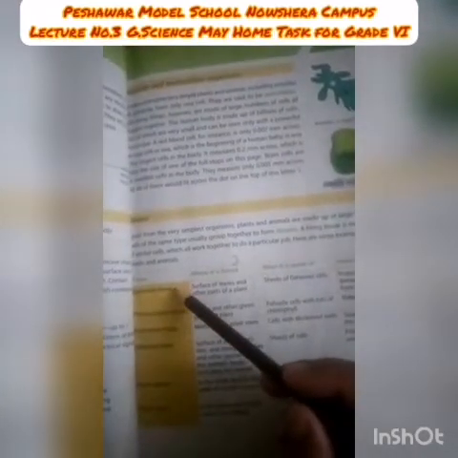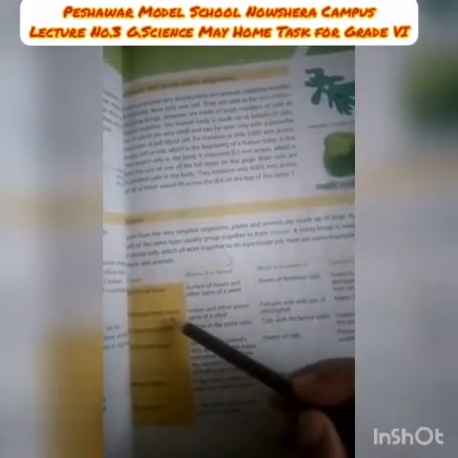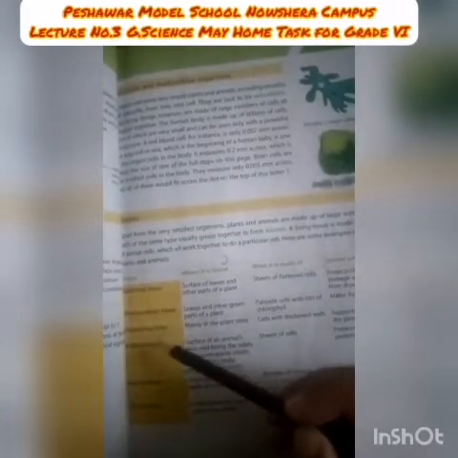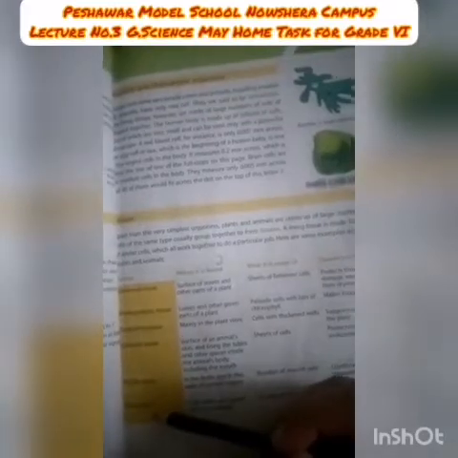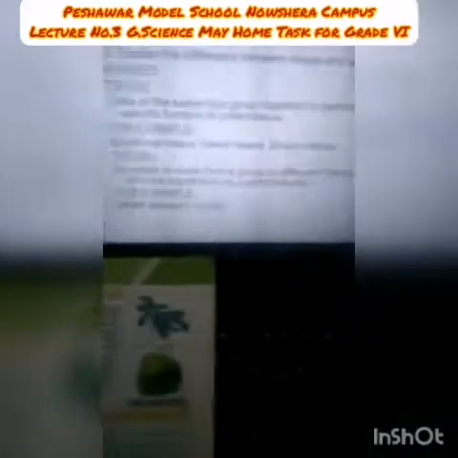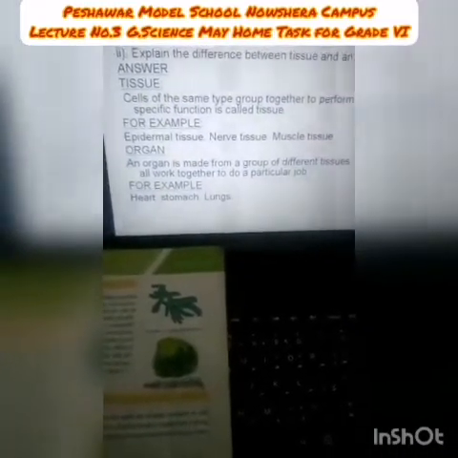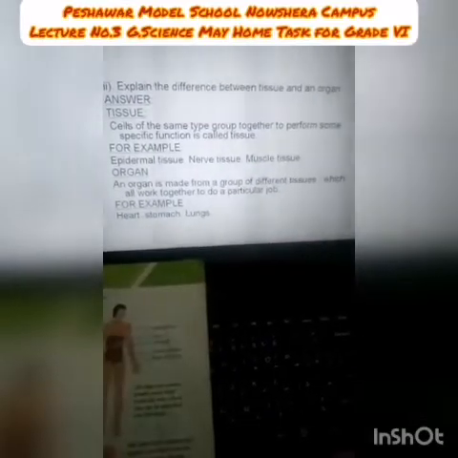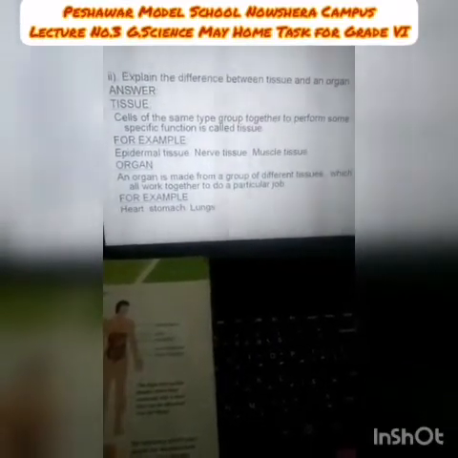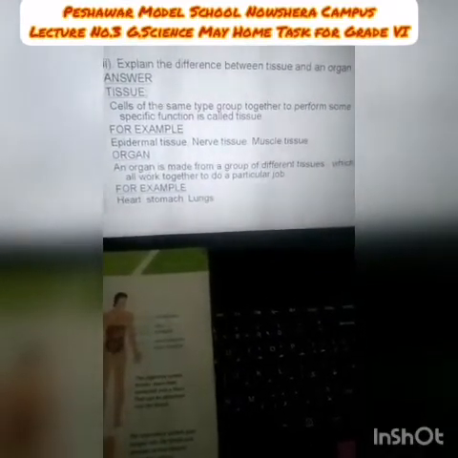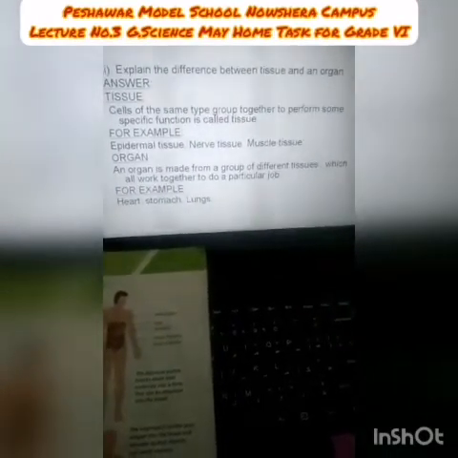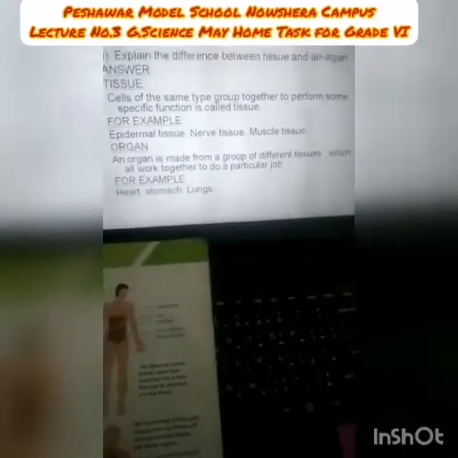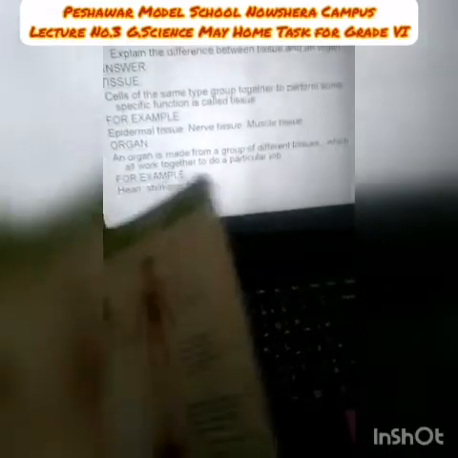Examples of tissue are epidermal tissues, photosynthetic tissues, supporting tissues, epithelial tissues, muscle tissues, and nerve tissues. The second part of this question is organ. An organ is made from a group of different tissues which all work together to do a particular job. Examples of organs are heart, stomach, lung, hand, tongue, eyes.